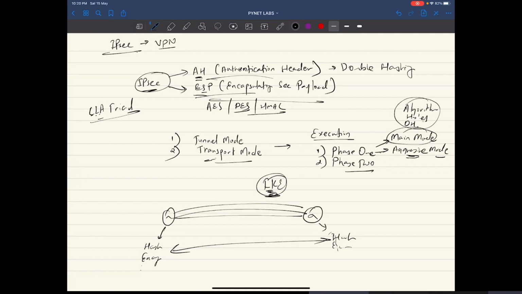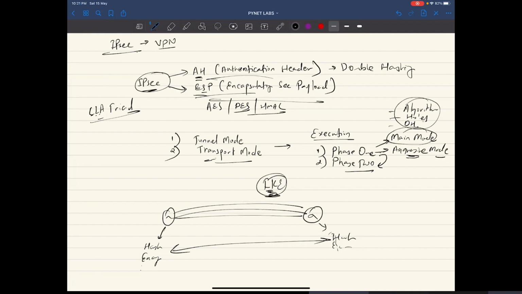Once the parameters are set for algorithms, hashes, and which Diffie-Hellman group is used for encapsulating and encrypting the traffic, you move to phase two, where the negotiations for forming the security association are done. Here IPsec policies are shared and the IPsec security associations are established.